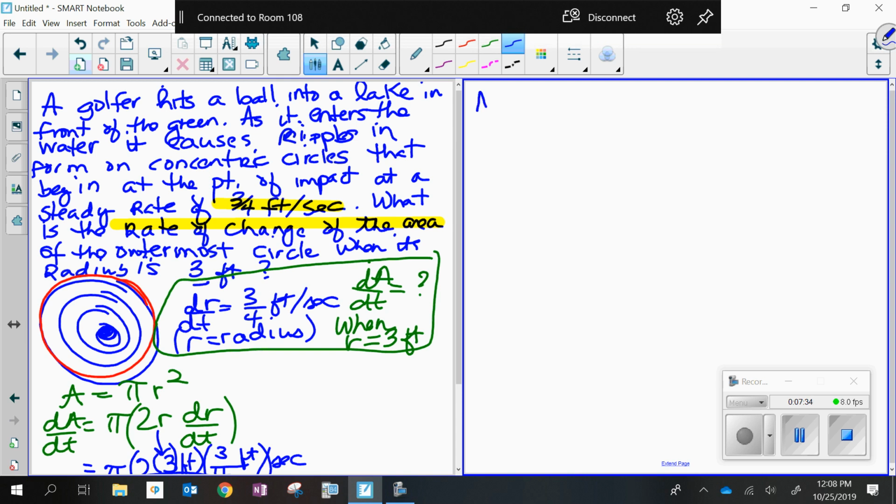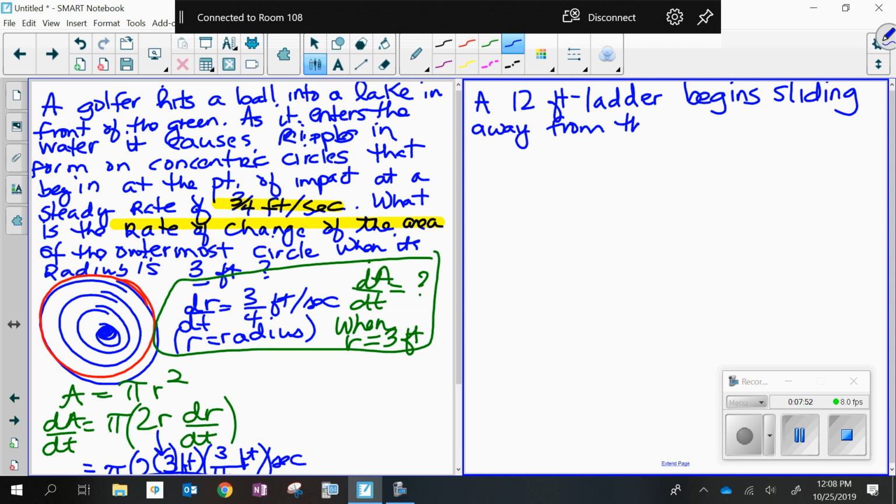All right, a 12-foot ladder begins sliding away from the base of a house at a constant rate of 2 feet per second.